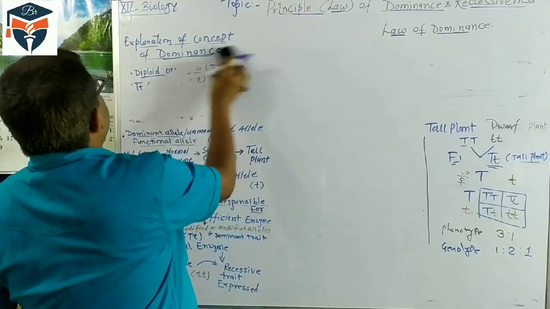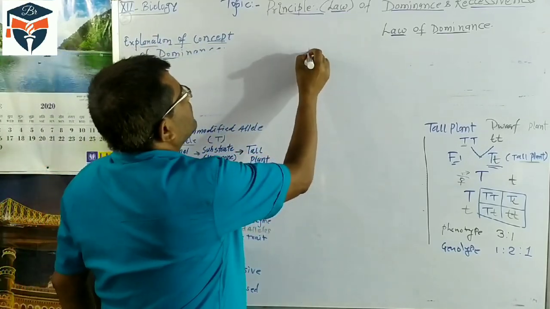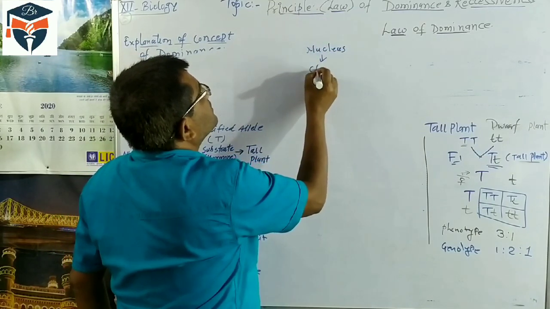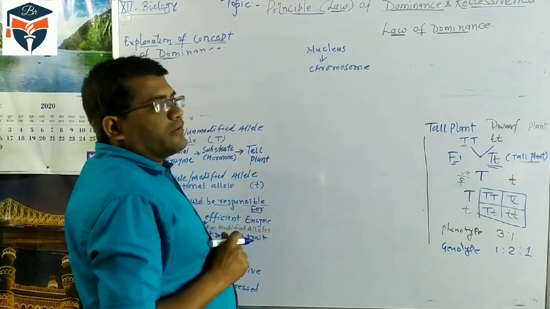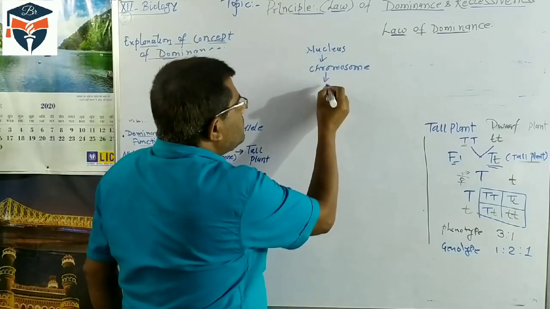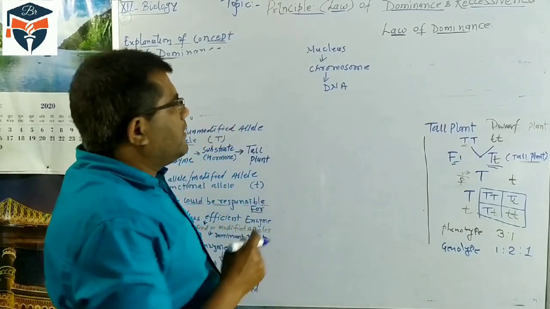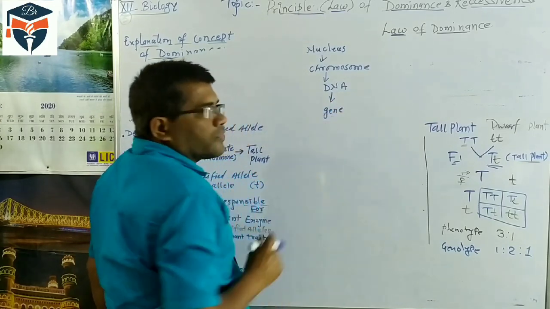Students, first, in class 10th we learned that in the nucleus there is a thread-like structure called the chromosome. The chromosome contains DNA. DNA is the genetic material, and a segment of DNA is called a gene.